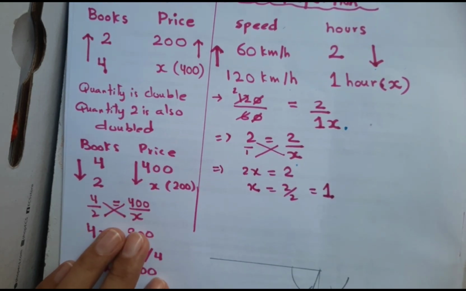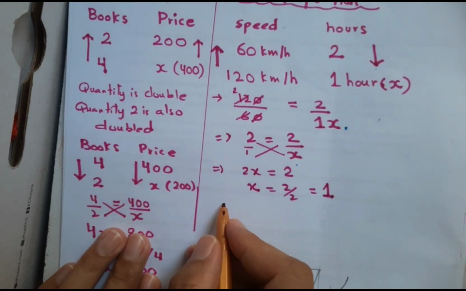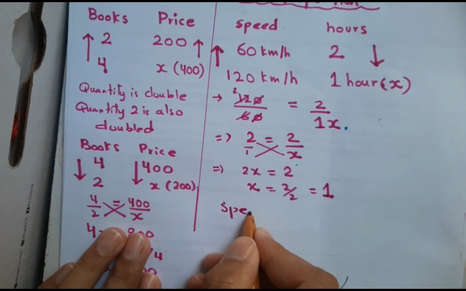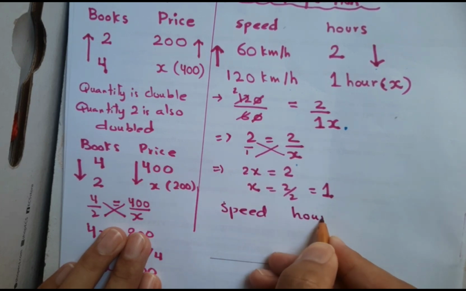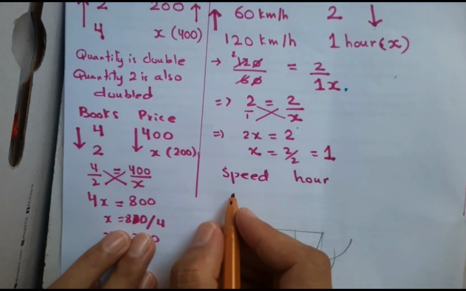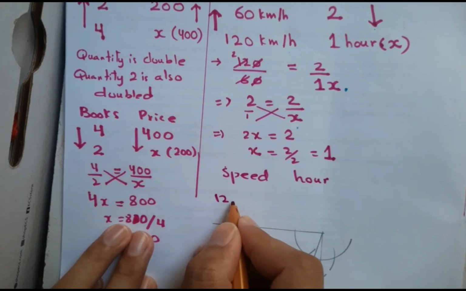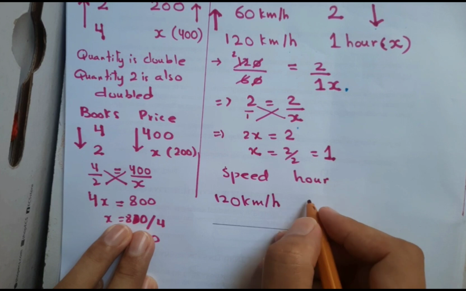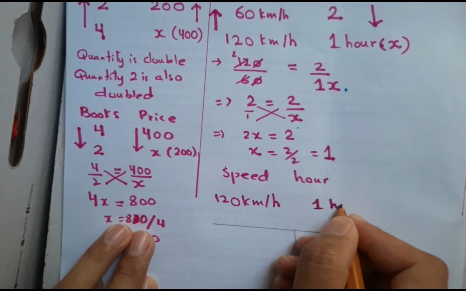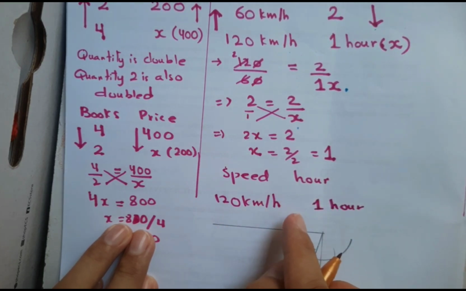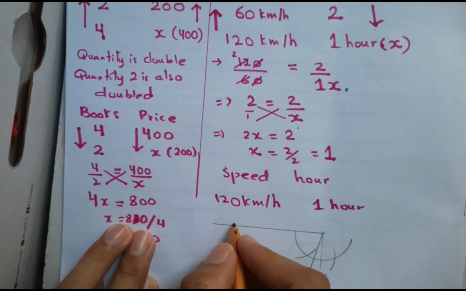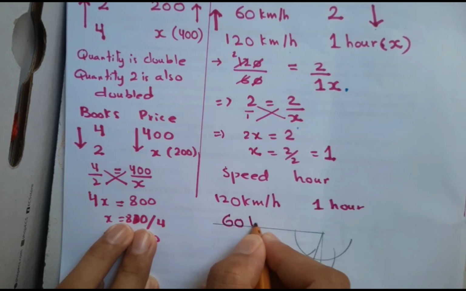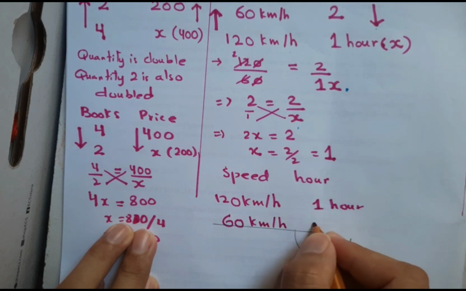Now let's take the same example again, and now let's see that the speed is decreased. When you compare it with real life, when the car has greater speed, you reach before time, and when the car has less speed, you may reach late.